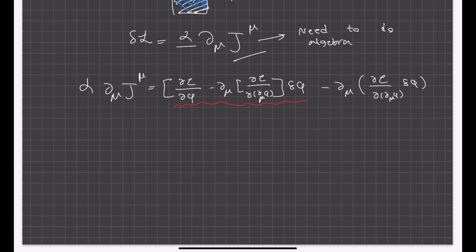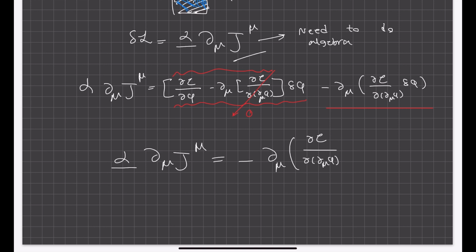It's the Euler-Lagrange equation, so this is equal to 0, because the coefficient inside is 0, so everything is 0. Now I end up with something like this: alpha, the infinitesimal parameter, times the full derivative of j mu is equal to minus the derivative of the Lagrangian with respect to the derivative of the field, times delta phi. So this whole delta phi is inside the parentheses, and we are taking the derivative on both of them.